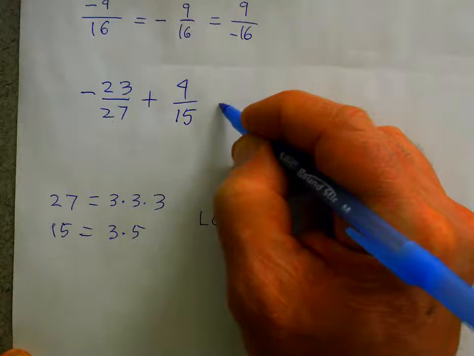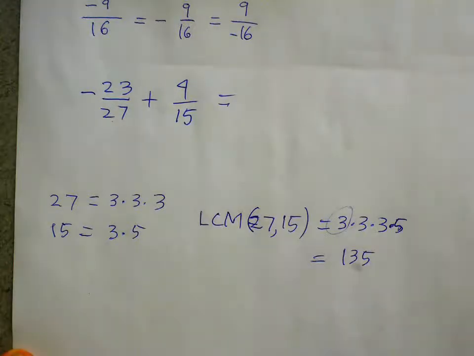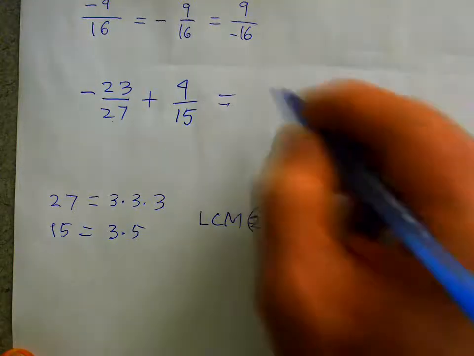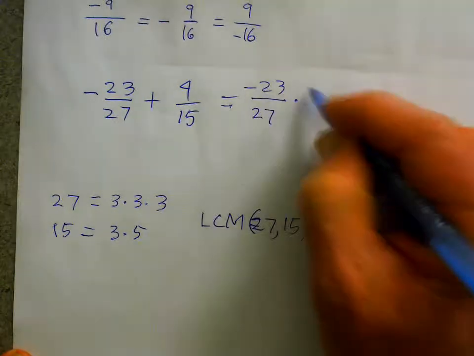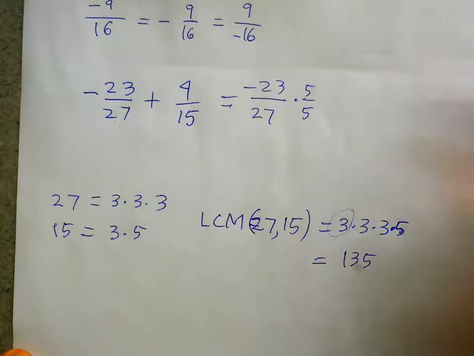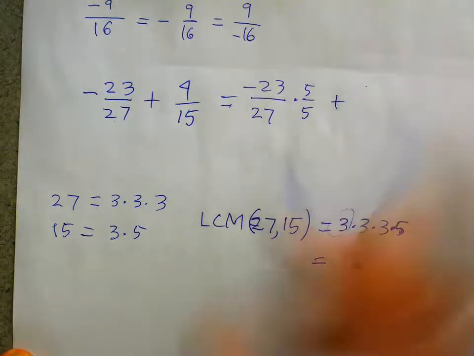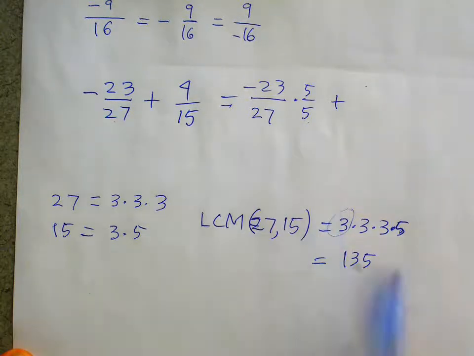Okay, so if we just multiply negative 23 over 27 by 5 over 5, we'll get the 135 denominator.